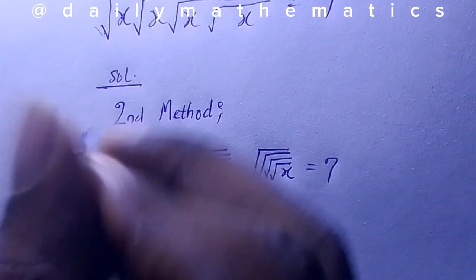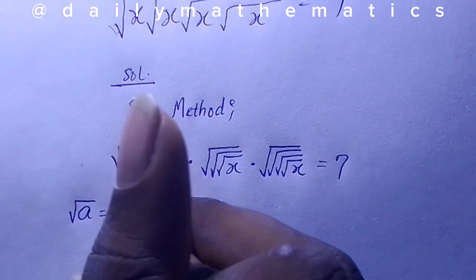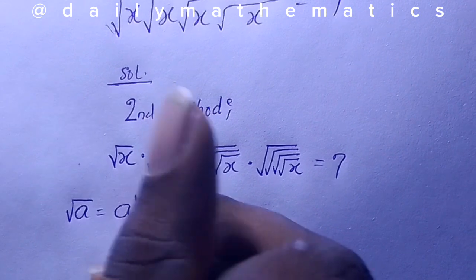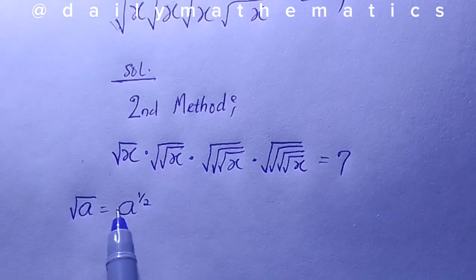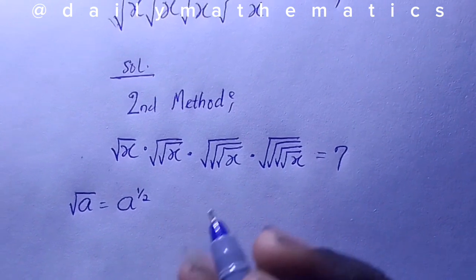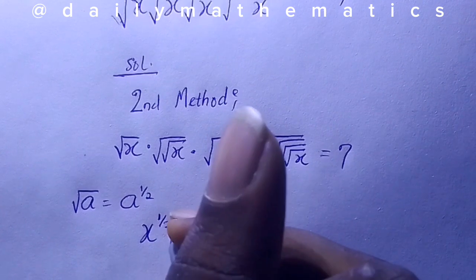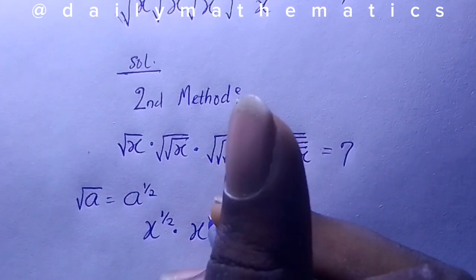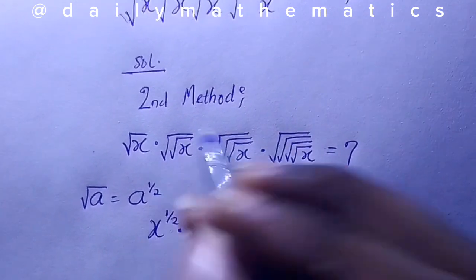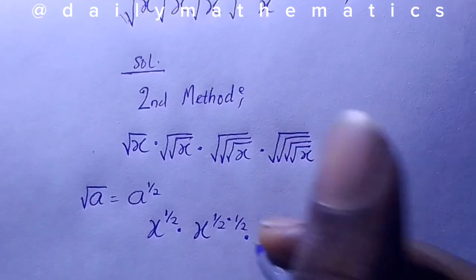So now remember, when we have square root of a, what will it give us? It will give us a raised to the power of 1 over 2, right? So that's what we're going to do here. So square root of x will also give us x raised to the power of 1 over 2. So from here we have x raised to the power of 1 over 2 multiplied by x raised to the power of, now since we have 2 roots here, it will be 1 over 2 times 1 over 2, times x.